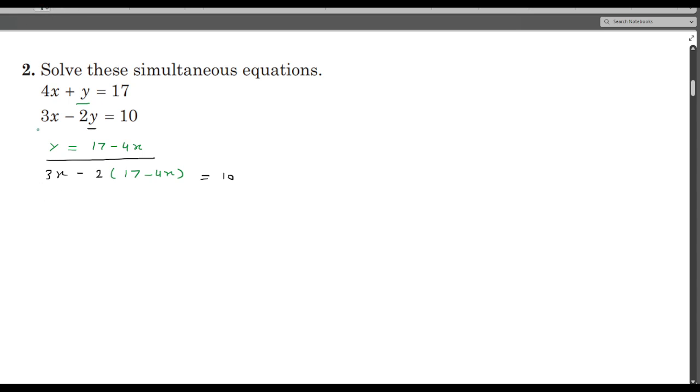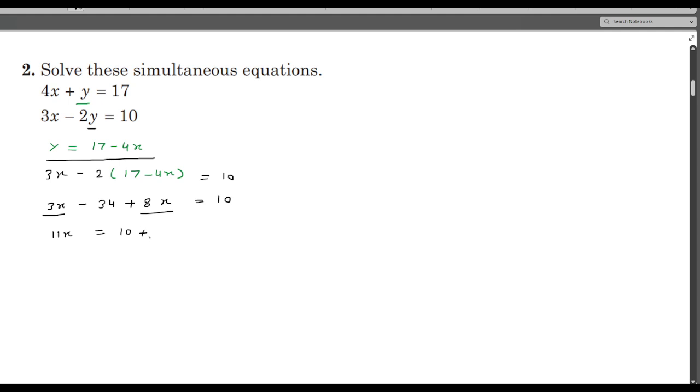Now we will open the bracket. Your left hand side is 3x minus 2 times 17, which is 34, minus minus plus 2 times 4, which is 8x, equals 10. This 3x and this 8x will add and give you 11x equals 10.